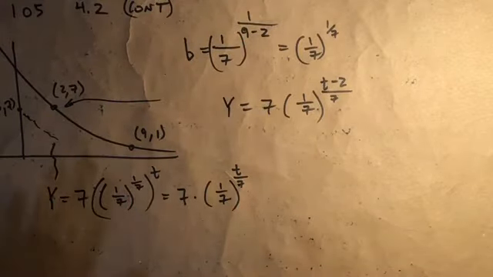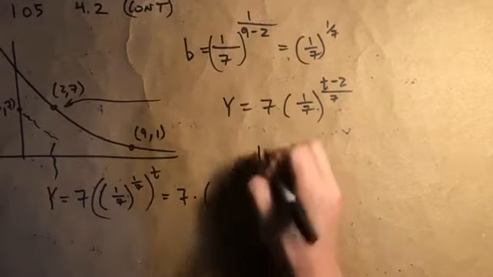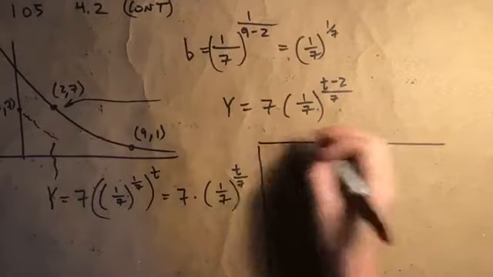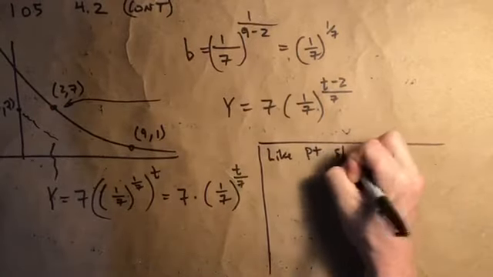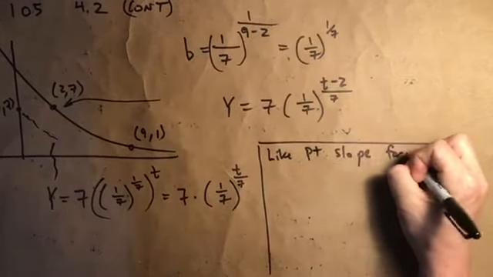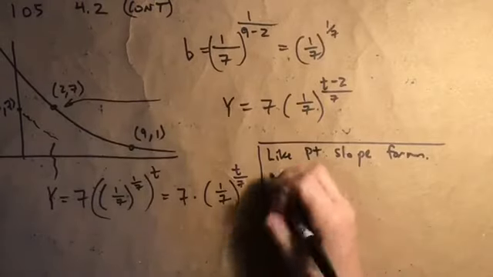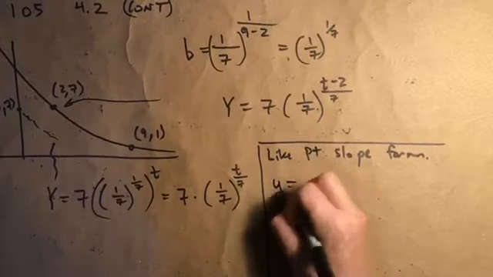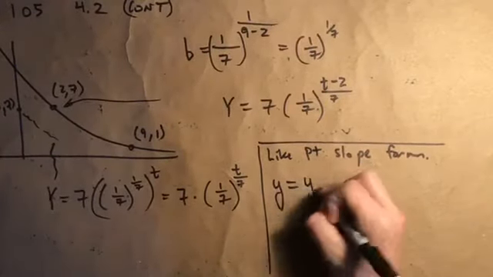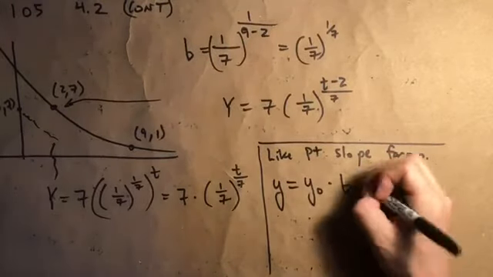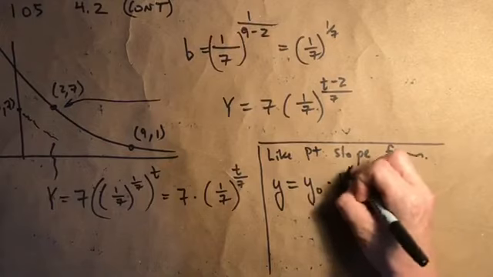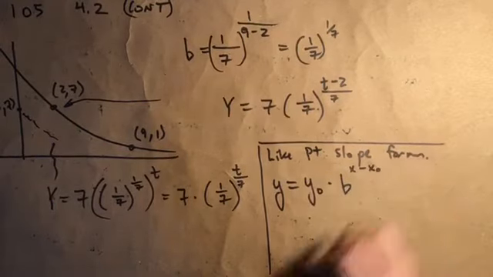I want us to be able to do this at any time. And while I don't really like writing this, I'm going to put it out there for us. It's like point slope form. And so we can say that y is equal to y naught times b raised to the x minus x naught.